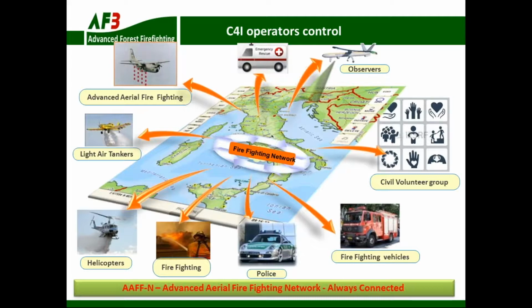Using aerial firefighting, helicopter, light air tanker, or advanced aerial firefighting that uses pellets, everything can be done via the C4I by sending the command to the area or ground forces to do the operation.